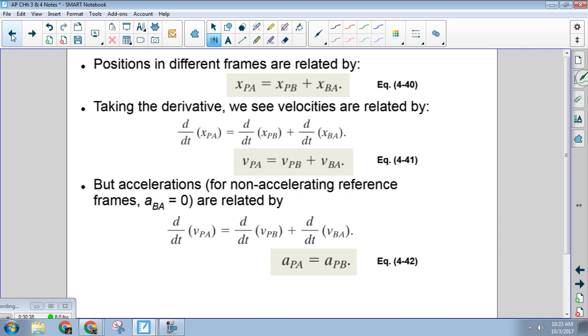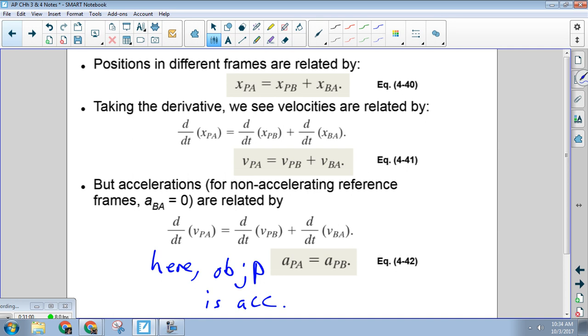Yeah, so here, the only thing that was accelerating was the motorcycle. So in this example, object P is accelerating. Neither A nor B are accelerating. Follow?